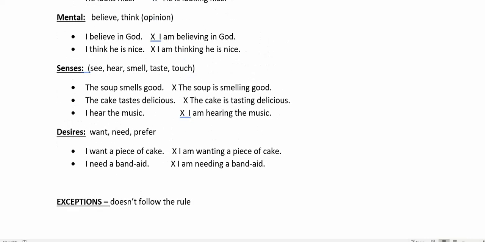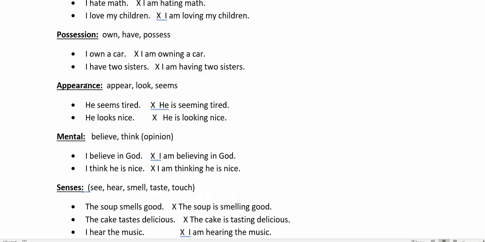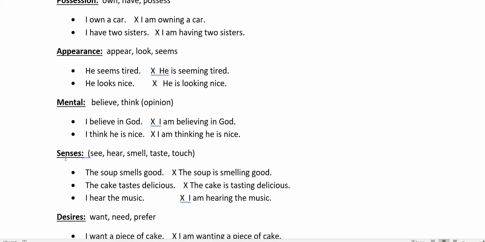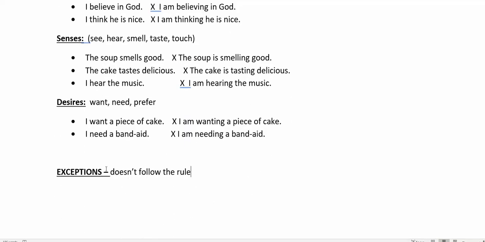So I just taught you these rules, that feelings and possession and appearance and mental state and senses and desires are not used in the present progressive. But there's always exceptions, and that means sometimes in special situations we can use some of these in the progressive, and I'm going to talk about them right now.